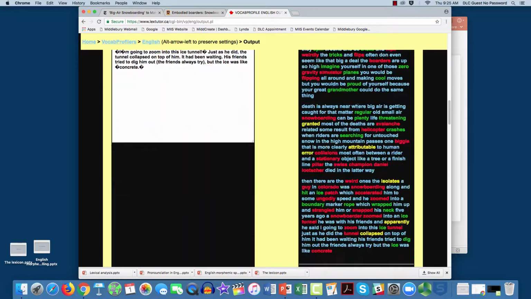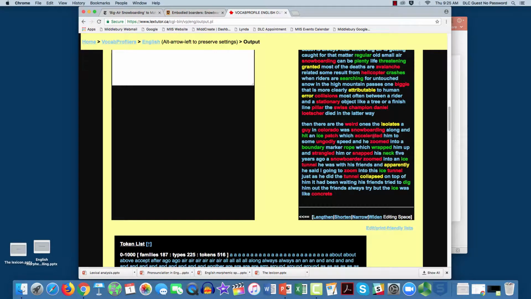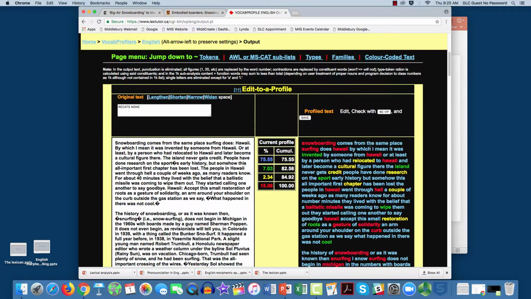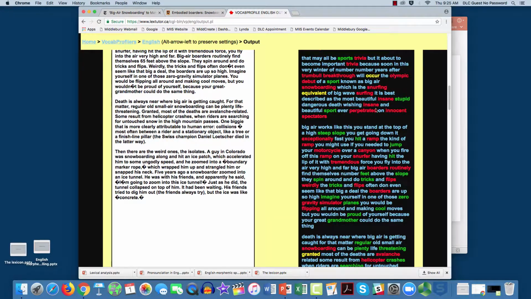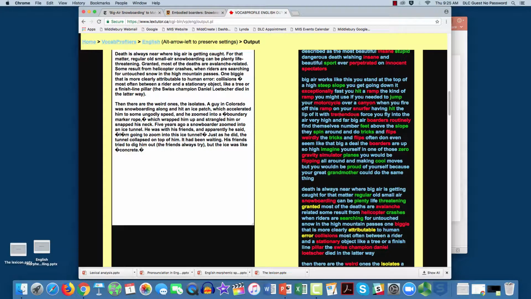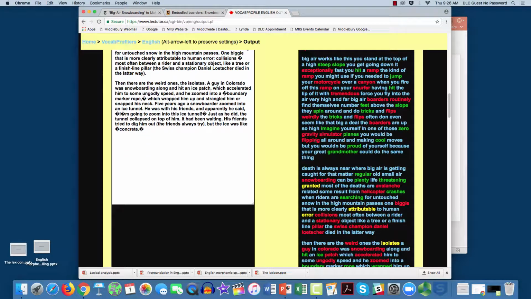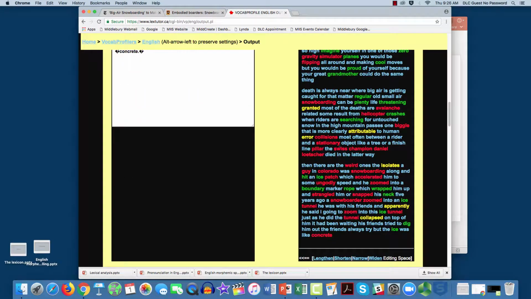Then red are the words which are off the list. We notice that some of these are proper names like Hawaii. And some of these are technical terms: snowboarding, surfing, ramp, borders, gravity, flipping, avalanche, helicopter.